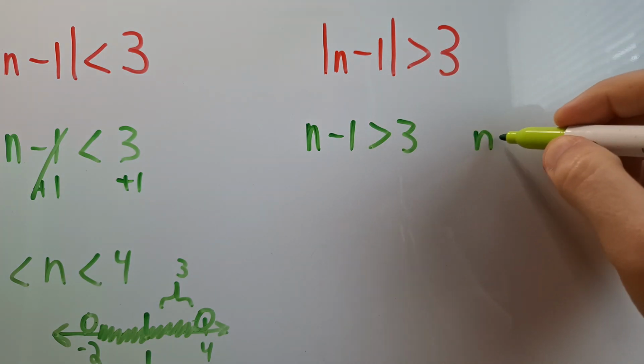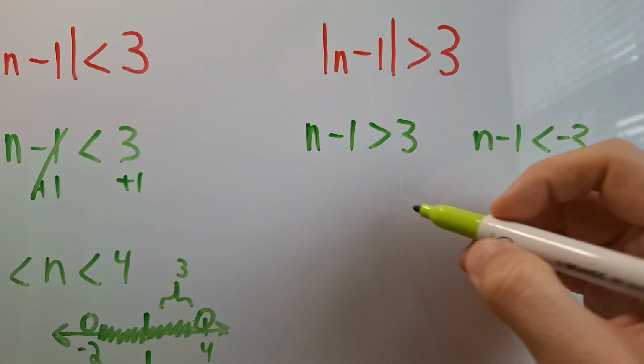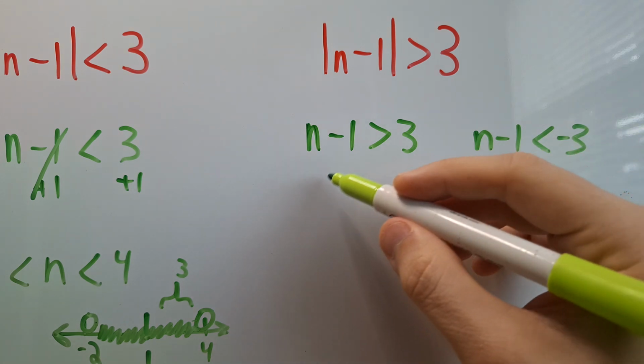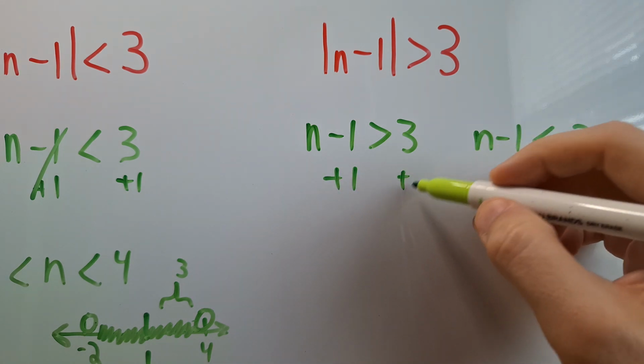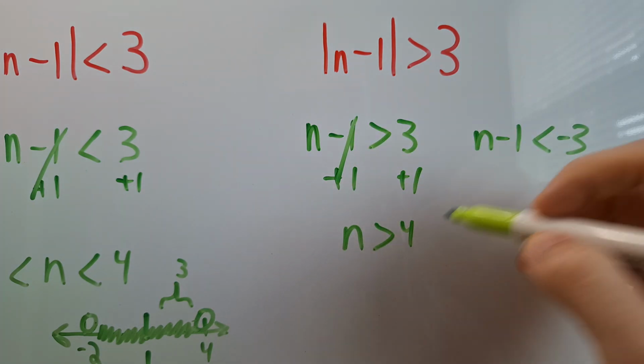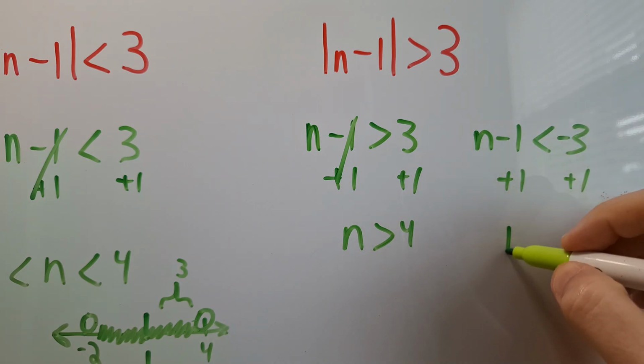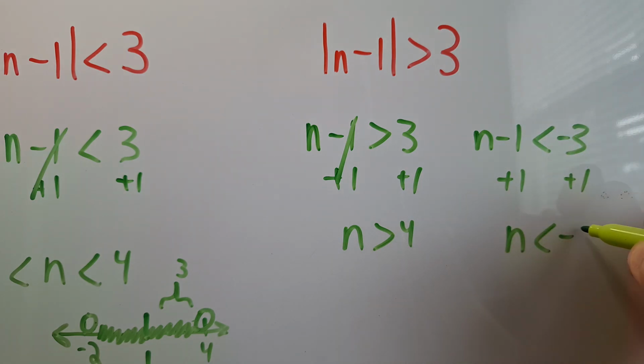So we'll have n-1 is less than -3. Add 1. We'll have n is greater than 4, and then adding 1 here, we'll have n is less than negative 2.